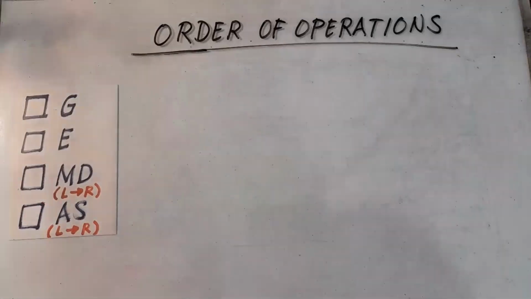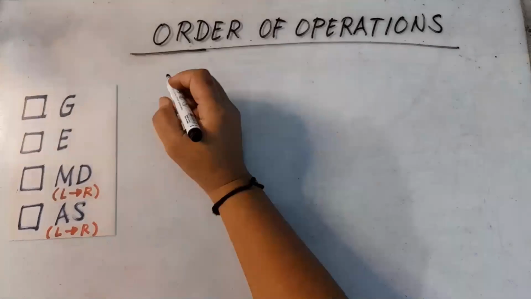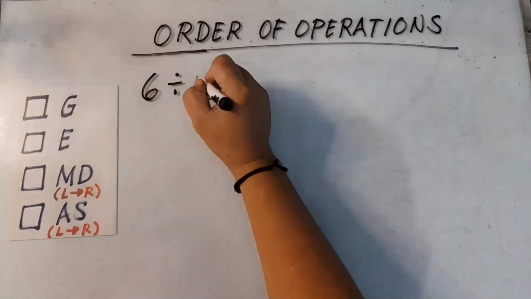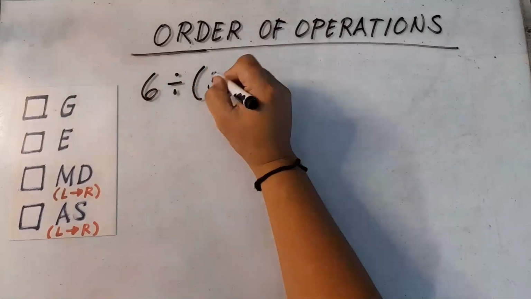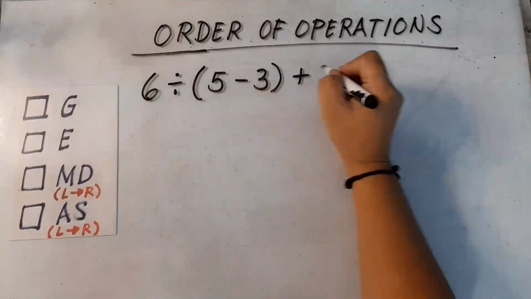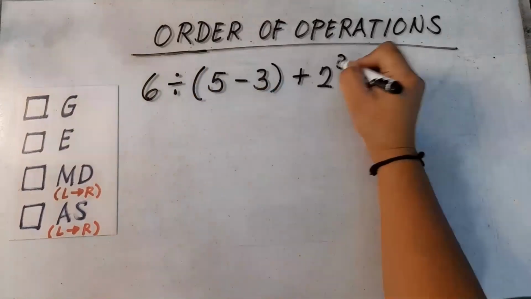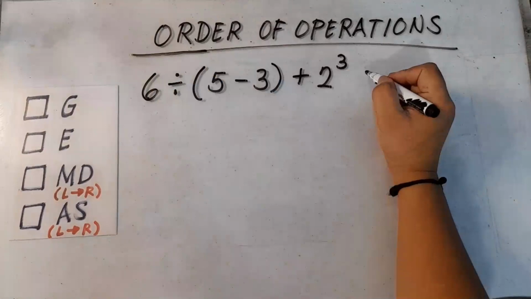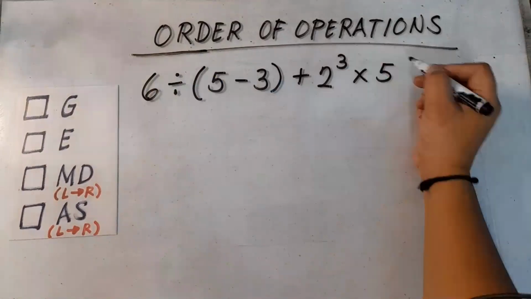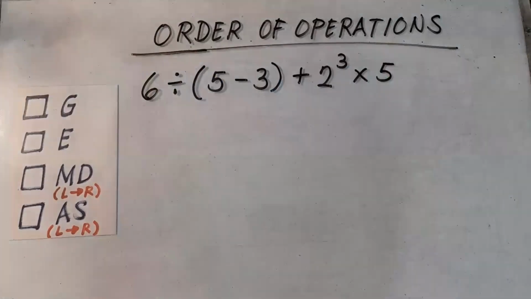So, suppose we have 6 divided by the quantity 5 minus 3 plus 2 raised to 3 times 5. Okay?